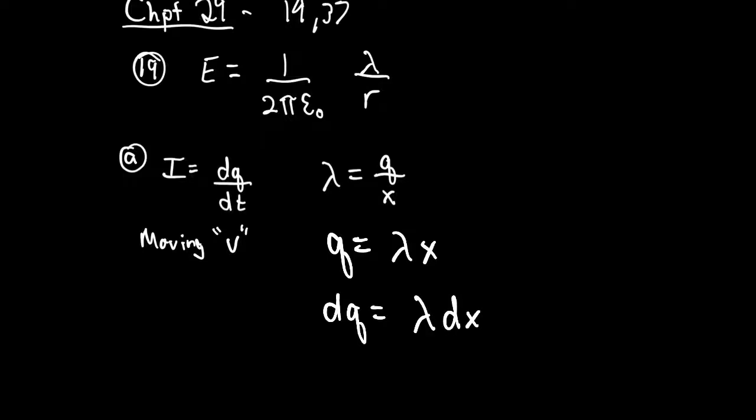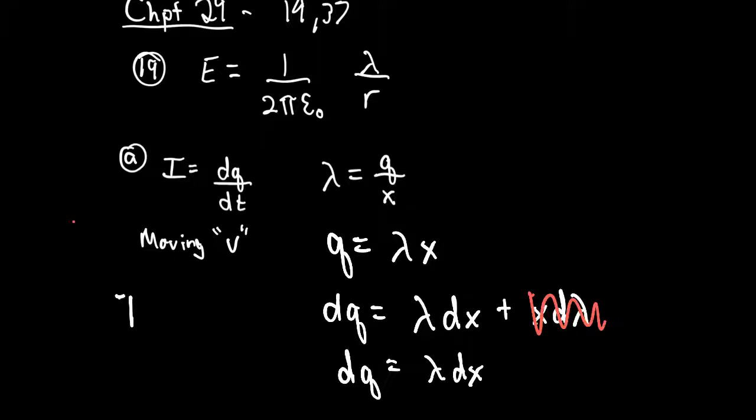Product rule: first times the derivative of the second, plus the second times the derivative of the first. But what is d lambda? It's a constant, so that goes away. Now dq is lambda dx.